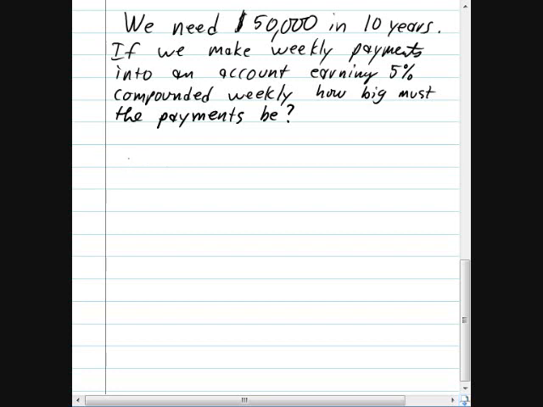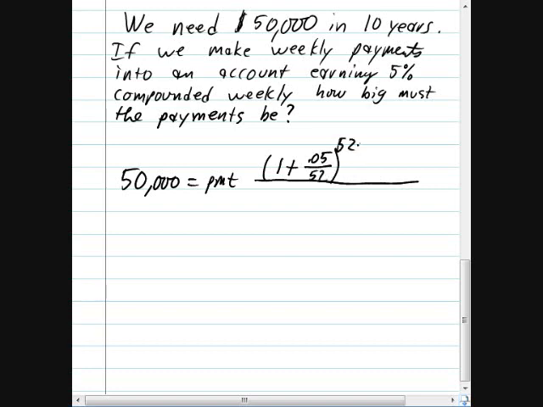So we know the future value of this annuity. It's $50,000. We're solving for payment. And we know the interest is 5%. It's weekly, so it's 52 for m. It's going to be in there for 10 years.